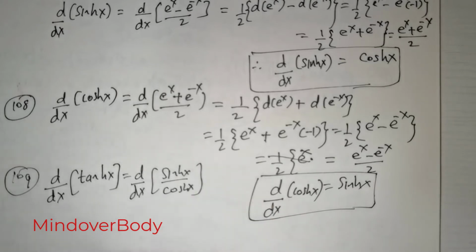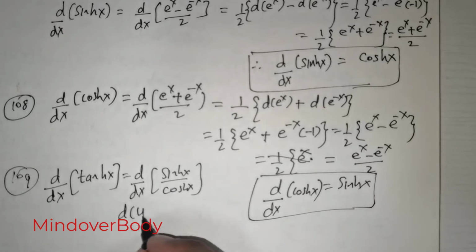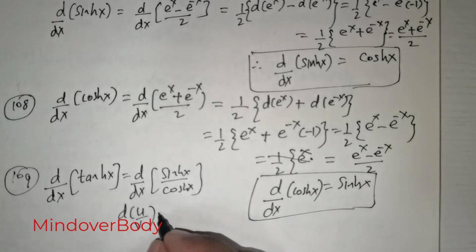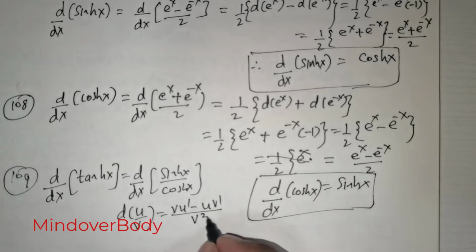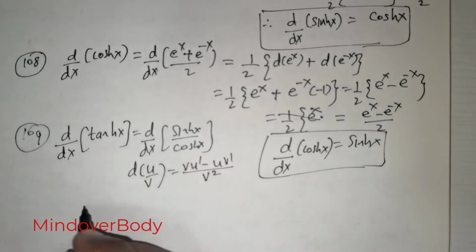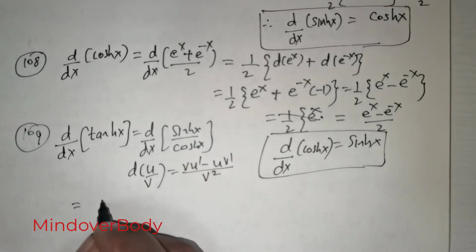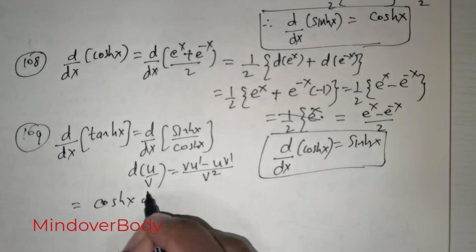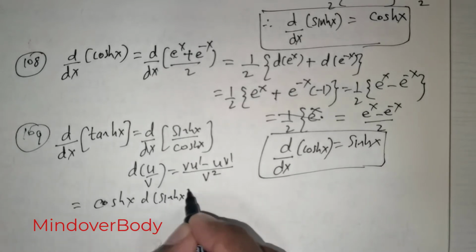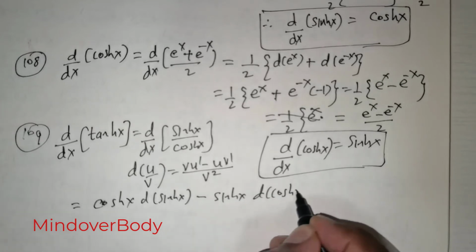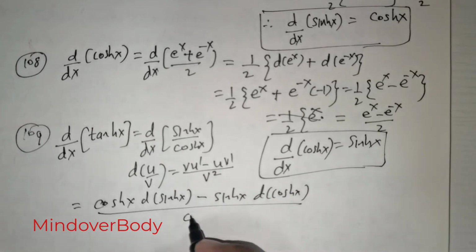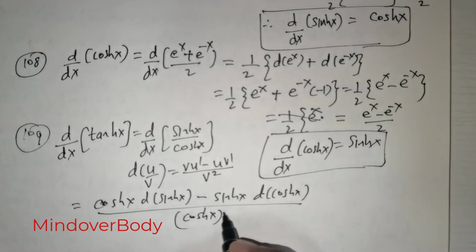Now I'm going to use the u over v method, the quotient rule. That's nothing but v times u dash minus u times v dash divided by v squared. So if I were to use the quotient rule, this is nothing but cosh x times the differential of sinh x, negative sinh x times the differential of cosh x, divided by cosh x raised to the power of 2.